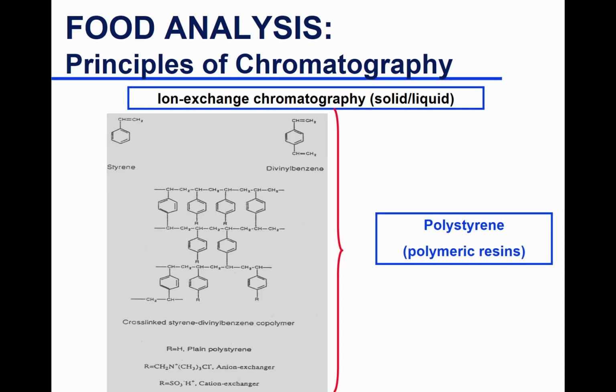So we are exchanging anions. Hence, it's an anion exchanger carrying a positive charge. The opposite is true. A cation exchanger carries a negative charge. So a cation exchanger is negatively charged, attracting positive ions.